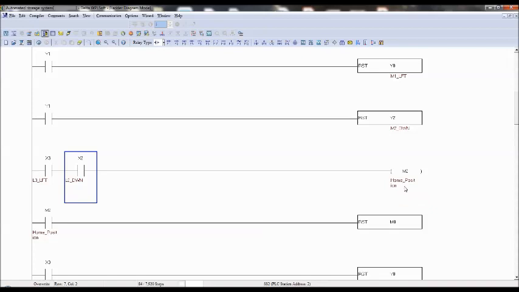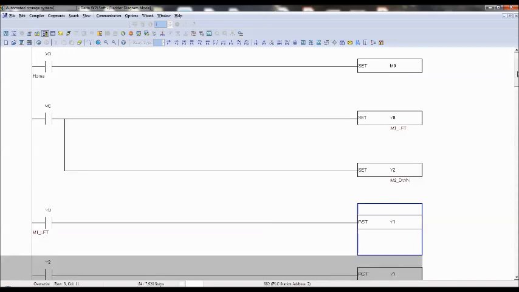So what is our requirement? We should stop rotating the motor. When M2 is on, I give a command to reset M0. M0 was turned on by the signal of X0, the home button.